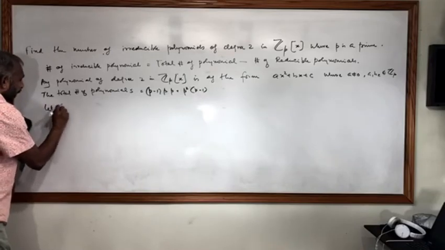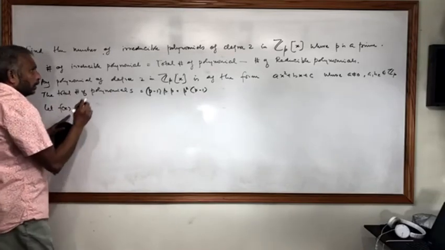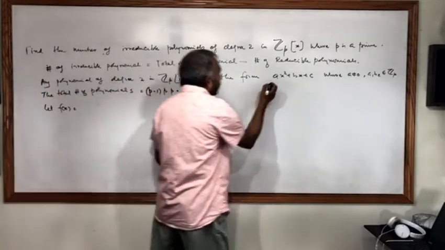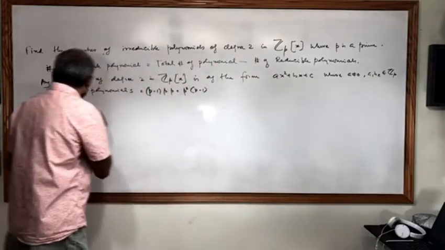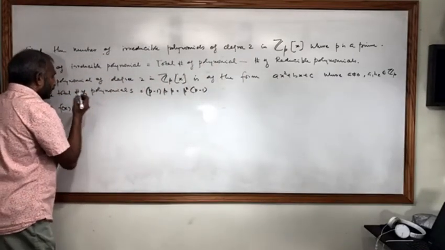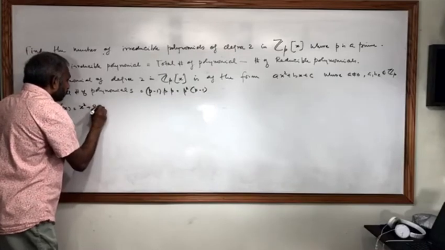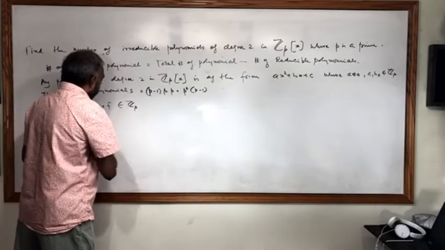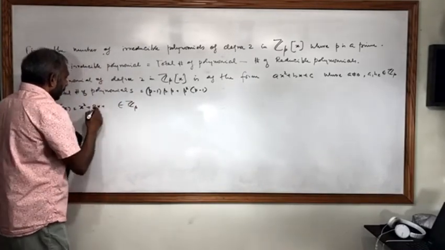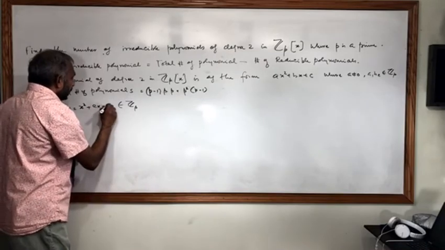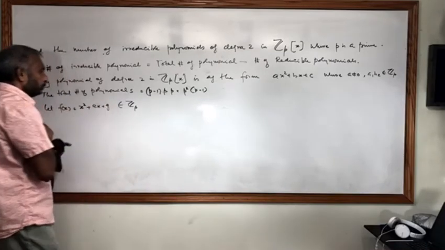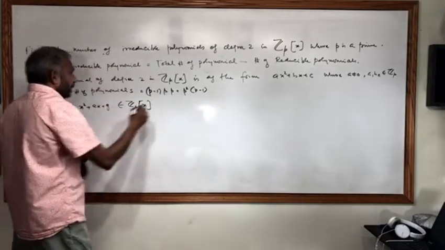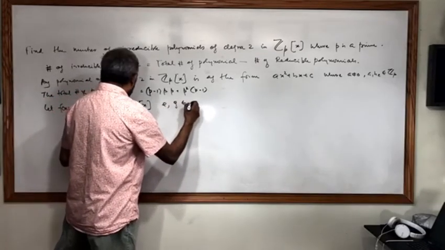Let f of x be equal to, we will make a equal to 1, so x square plus, let us say, ex plus g, which belongs to Zp of x, where e, g belong to Zp.